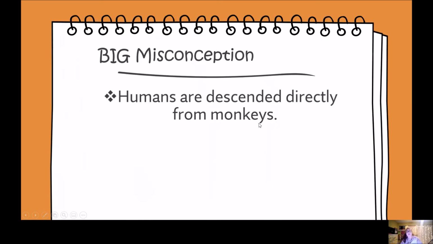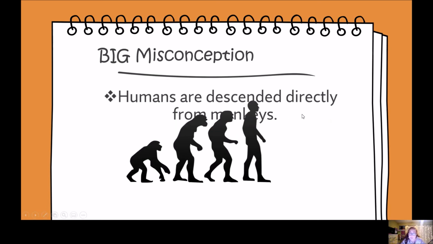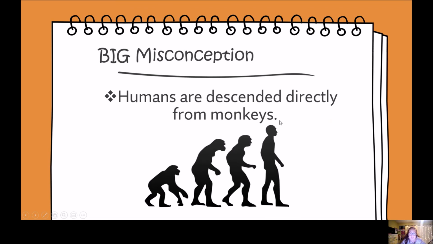So here's a big misconception associated with evolution, which is that humans are descended directly from monkeys. So no, your great-great-great-great-great-great-grandparent is not a monkey. I know you've probably seen this image a lot. It's one of the main images associated with evolution, but we do have common ancestors with apes, and we share over 90% of chimpanzees' genetic sequence.